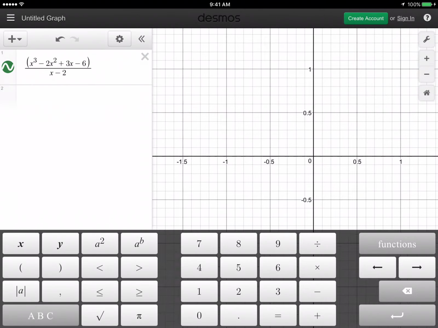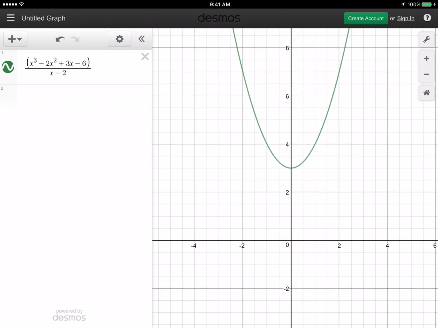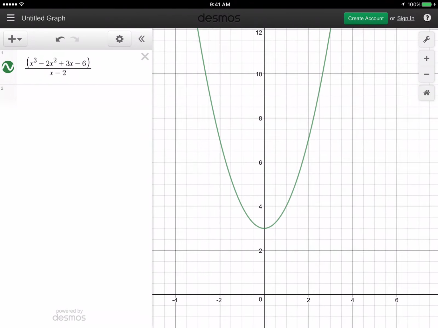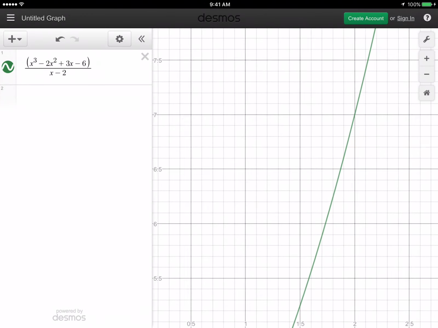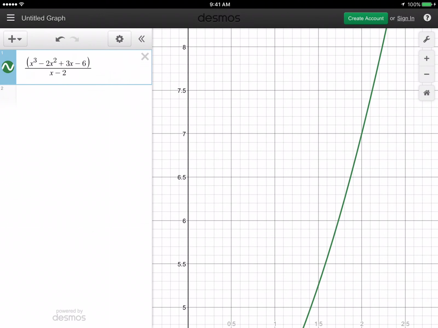And we're zoomed in here from our last graph, so let me pull out a little bit, and there you can see it. Now it's hard to see the hole when we're so zoomed in. There should be a hole here when x is 2. There, that went past. 2 undefined. All right. But as you approach 2, you can see that it's approaching 7.